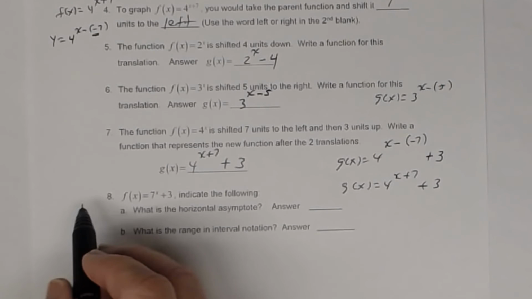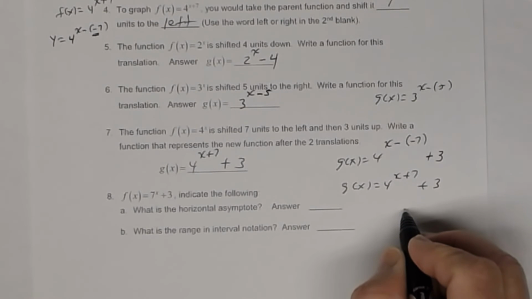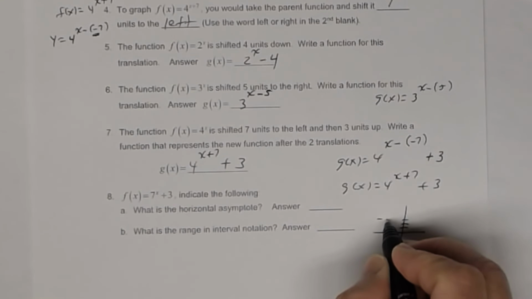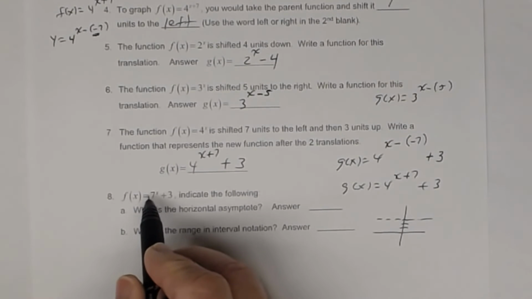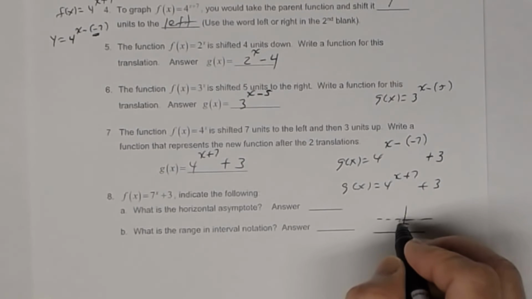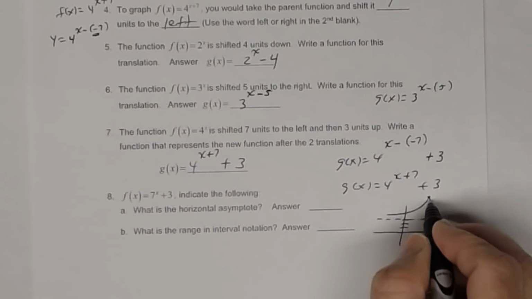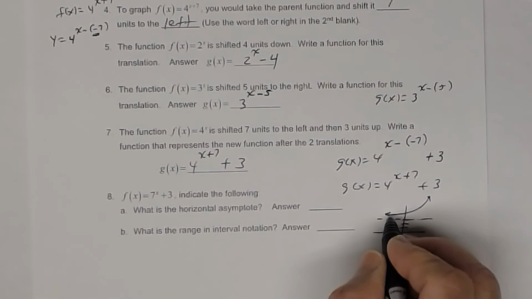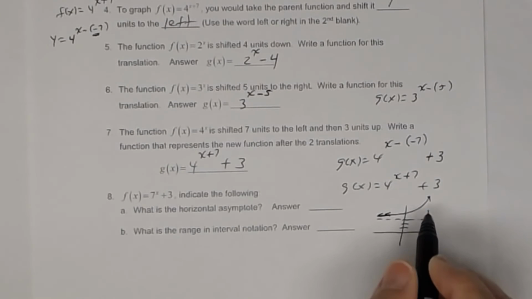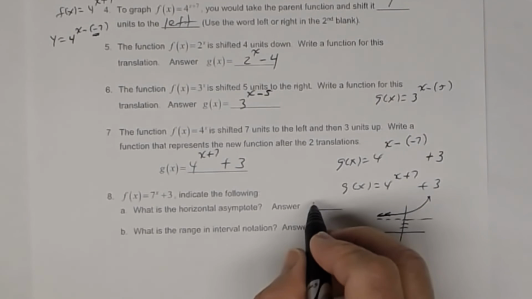So basically, you're going to have something like this, just a rough sketch. So the horizontal asymptote is 3, like this. 7 to the x, 7 is greater than 1, so I know that I'm going to have an increasing function. So it looks something like this. Now remember the graph gets closer and closer to the horizontal asymptote without touching or crossing. So in terms of the horizontal asymptote, it will be this dotted line right here, so y equals 3.